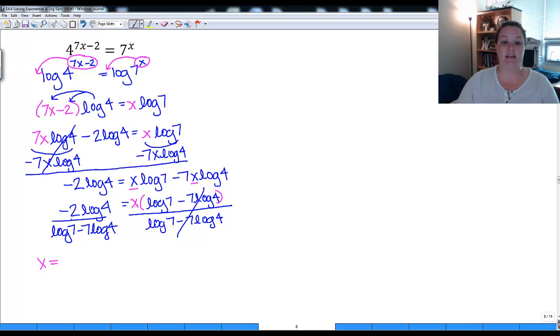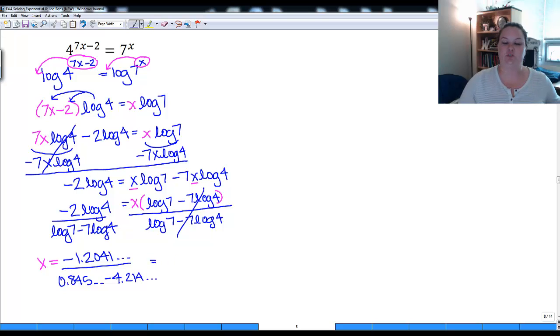So this top piece, negative 2 log 4, is equal to negative 1.2041 and some more stuff. On bottom, when I do log 7, that gives me 0.845 and some more stuff minus log 4 minus log 7 minus 7 log 4, which is 4.214 and some more stuff.